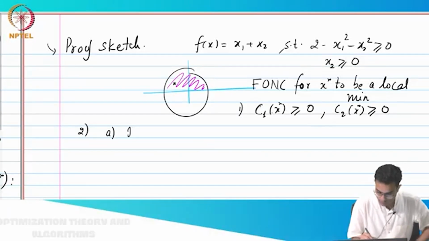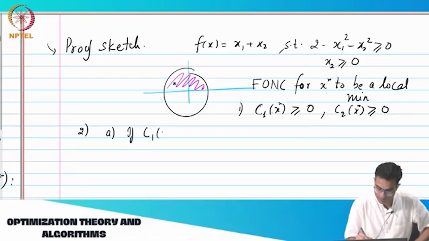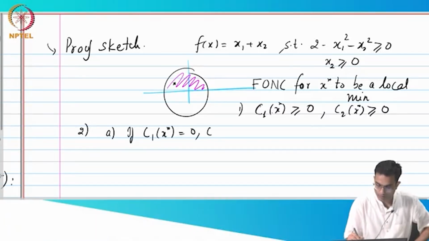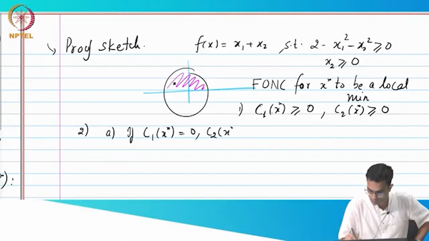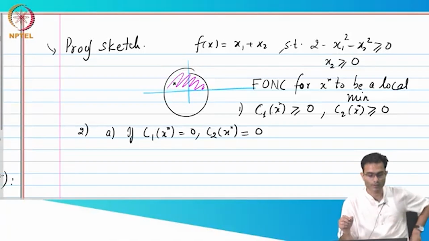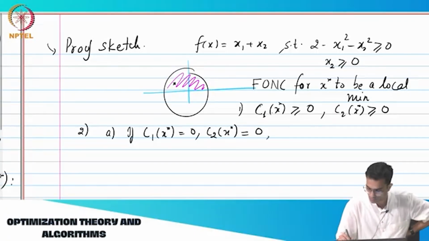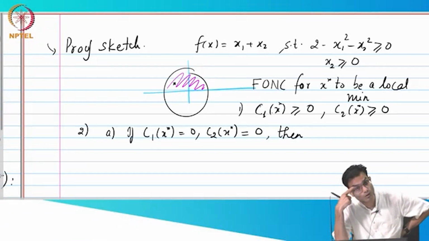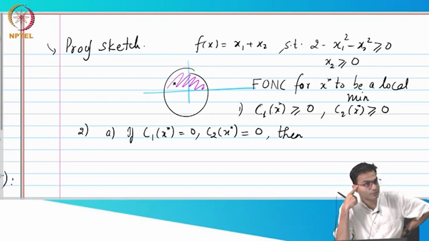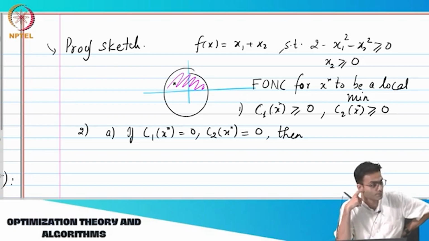If C1 of x star is equal to 0, I haven't specified yet, I'm leaving it general. If both of these are 0, then what all should happen? The constraints are active. What does that say about the Lagrange multipliers? They have to be greater than or equal to 0 because it's an inequality.